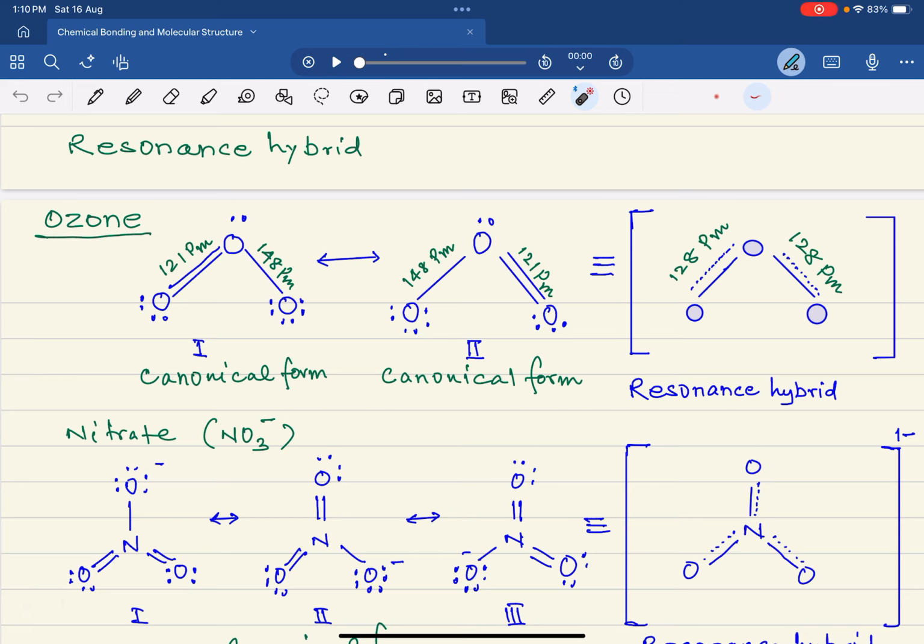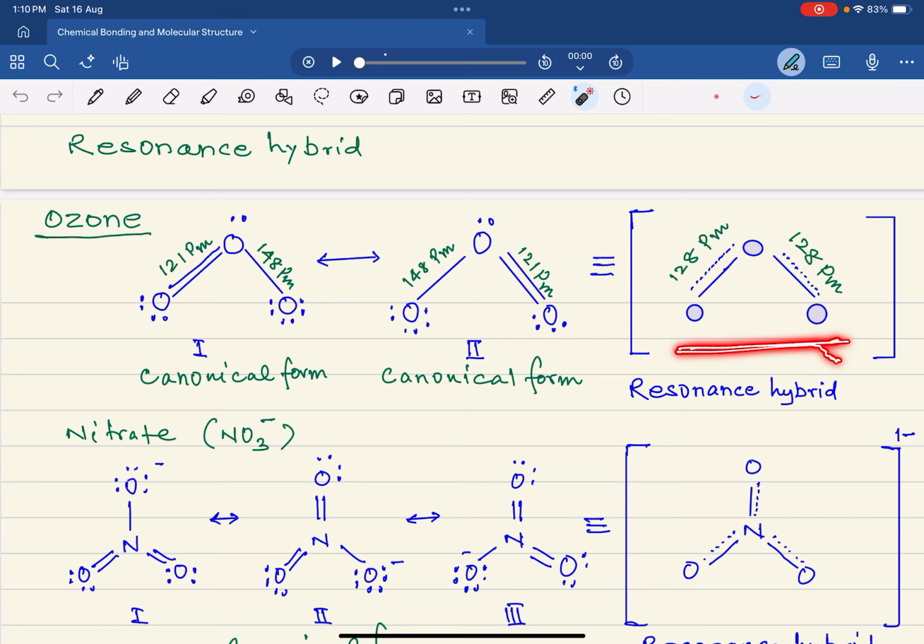But on the basis of data, both the O bond lengths are same and this is possible with the help of resonance hybrid structure. In resonance hybrid structure, both the O bond lengths are 128 picometer. Then why? Because of resonance, because of delocalization of pi electron.